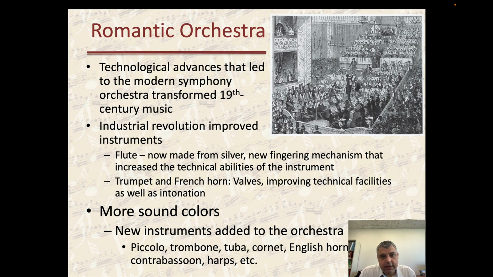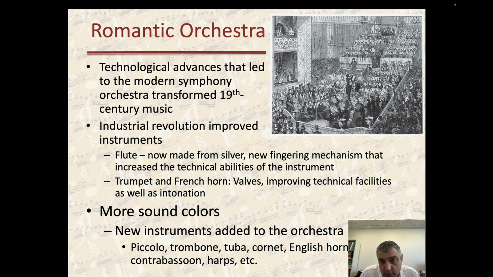A couple of things lead to the Romantic orchestra being much larger. Obviously, composers are putting more instruments in the orchestra. And then we have technological advances. With the Industrial Revolution happening, we can now mass produce instruments, and we can even make them better. A couple of examples would be the flute.